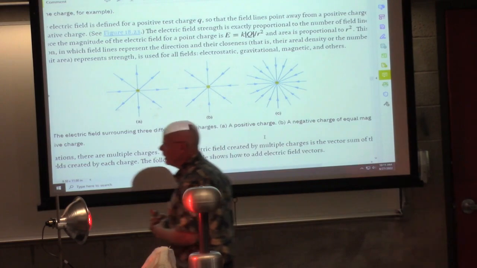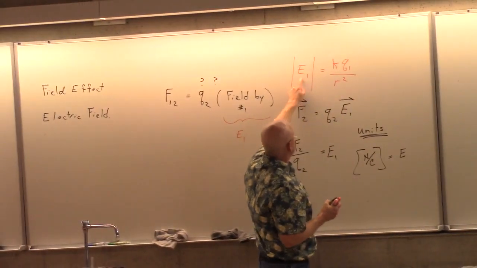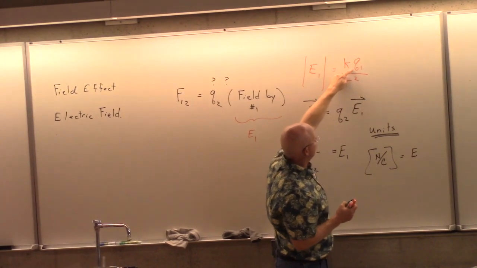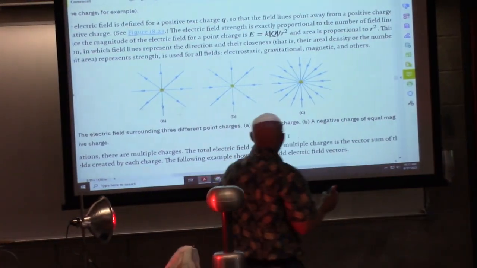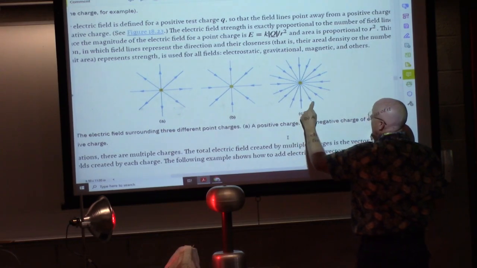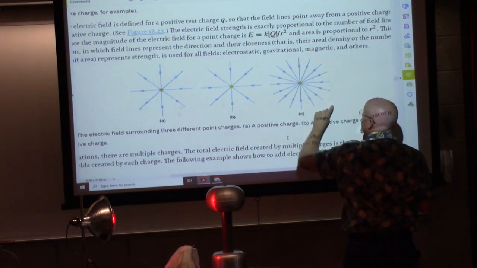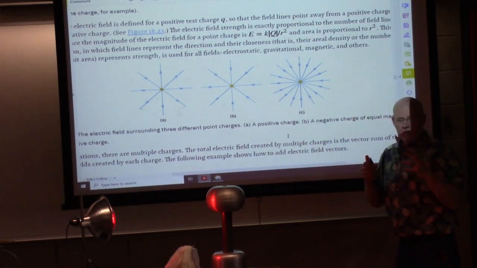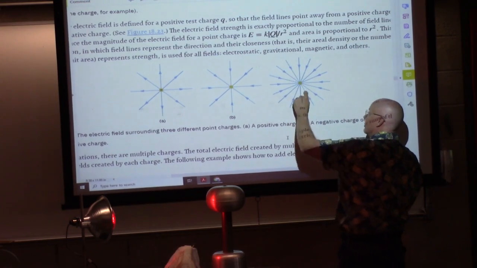And if you take a look at this equation, you'll see that the strength of the field depends upon the charge and the distance away. And you see that in this picture, I think. If you were to move further away and draw a circle at that distance, those lines are further from each other than when you're close in and you draw a circle around it.